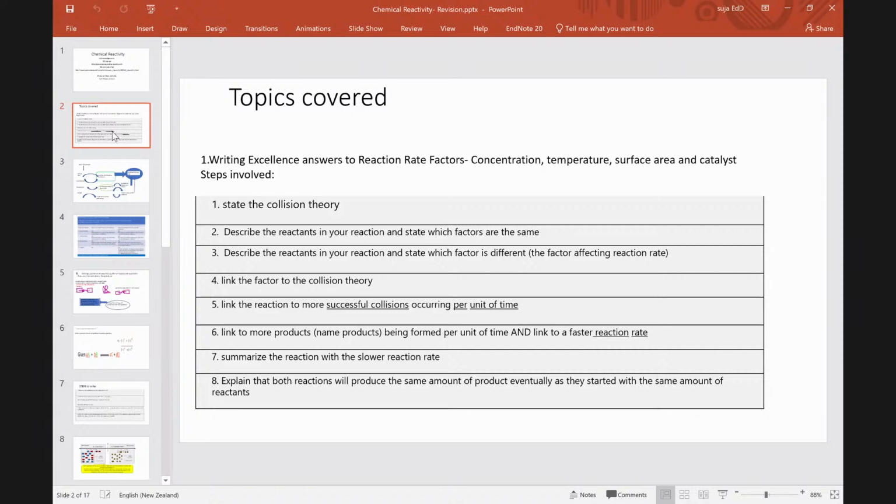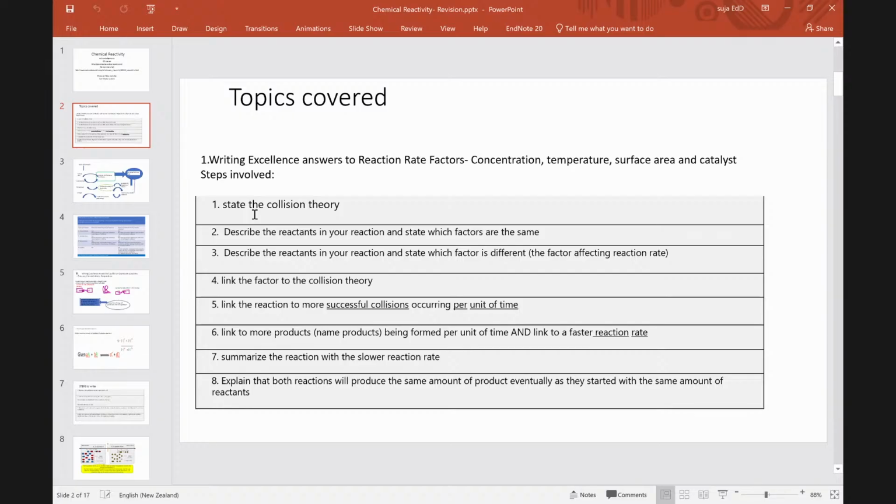It lowers the activation energy needed. Here, what you have to state is your collision theory, which you know from last year, so revise it. When you're talking about the collision theory, you have to talk about the number of particles. You have to look at the orientation, which is key for a collision to take place.